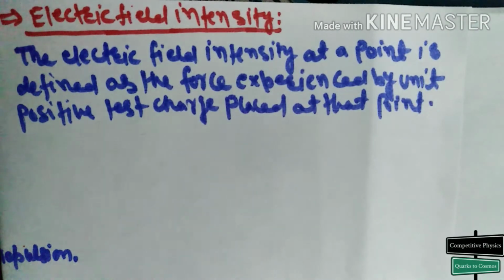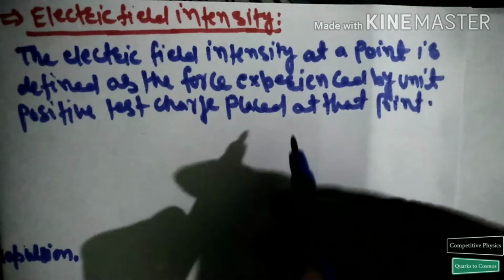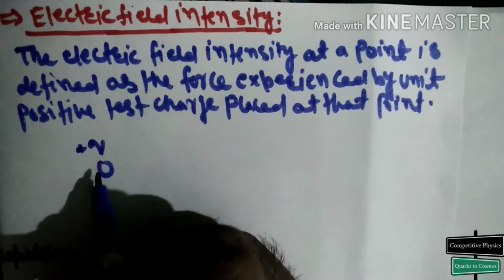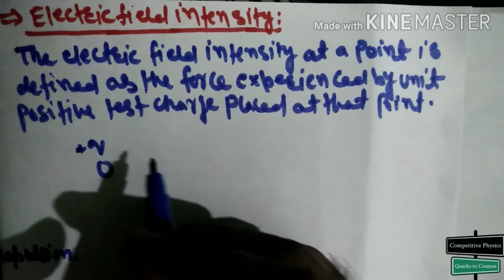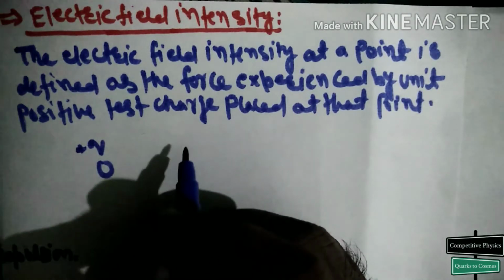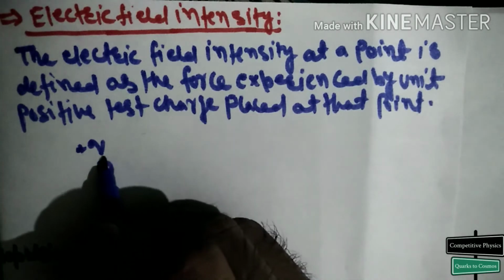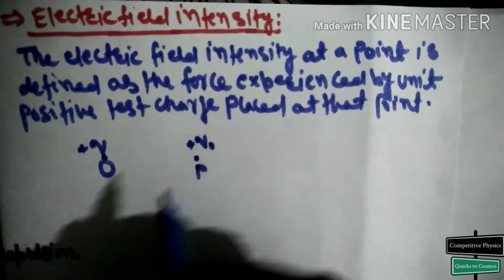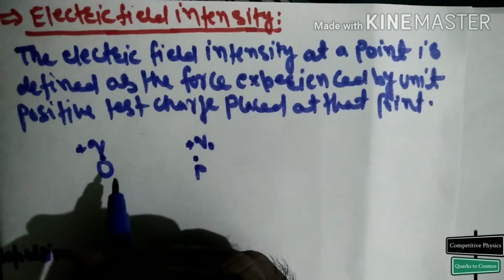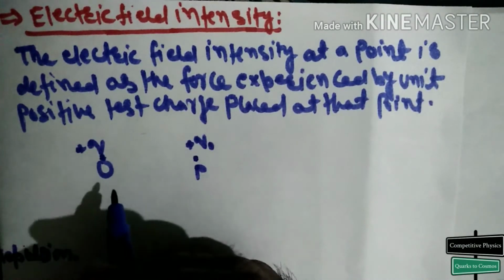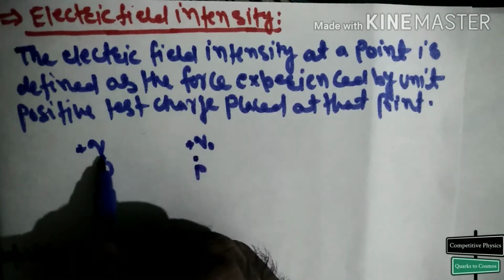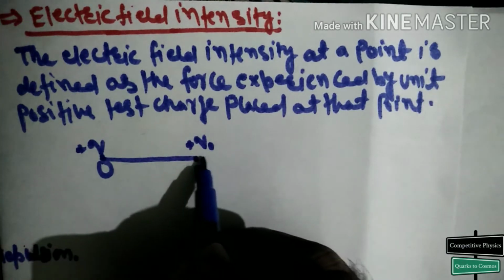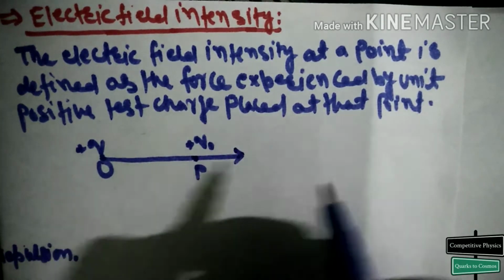Okay, so consider a point charge plus q which is located at some point O in space, and if you bring a test charge at some point P, suppose the test charge is plus q naught, so this test charge will experience a force F. Okay, and you know that these two are like charges, so they repel each other.